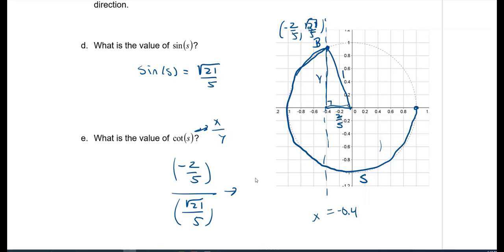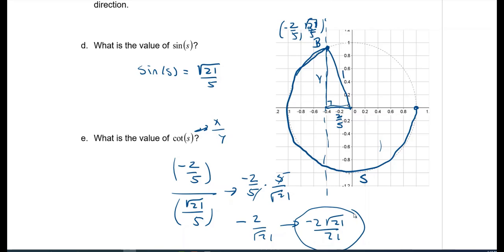To carry out that division, you just invert the denominator, and these go out, and you're left with minus 2 over root 21, and that becomes minus 2 root 21 over 21. It should be negative. You're in the second quadrant. In the second quadrant, x and y have different signs, so their ratio will be negative.